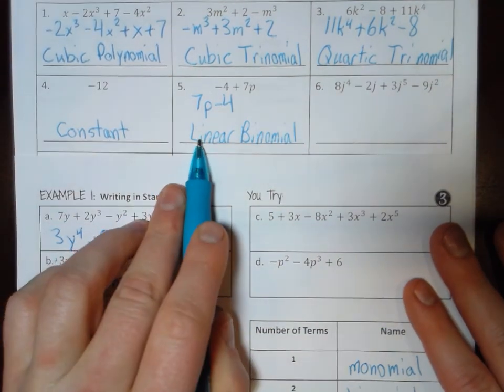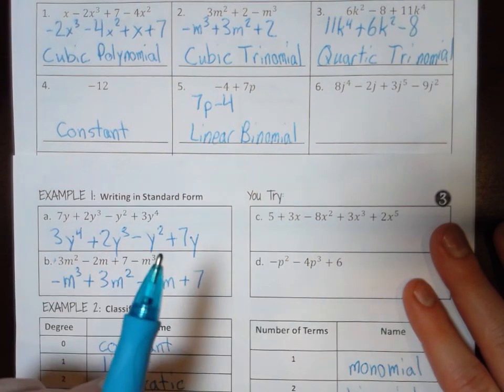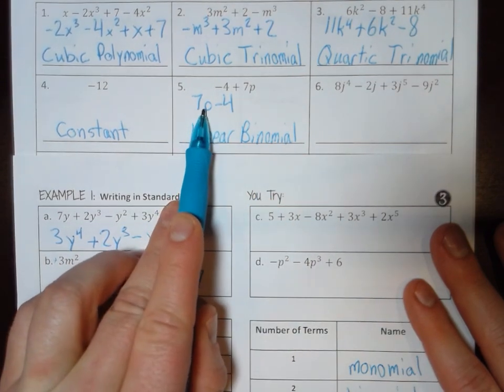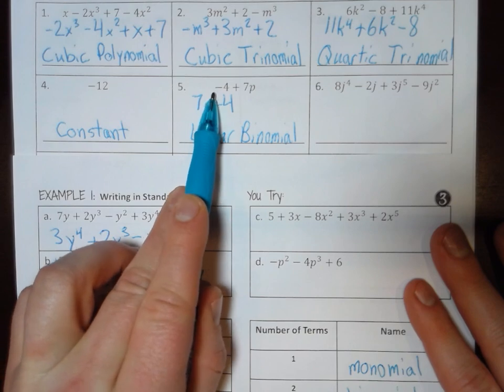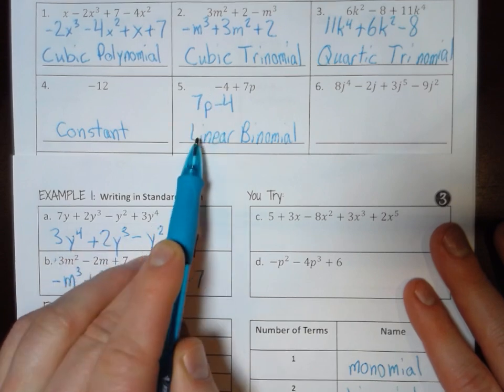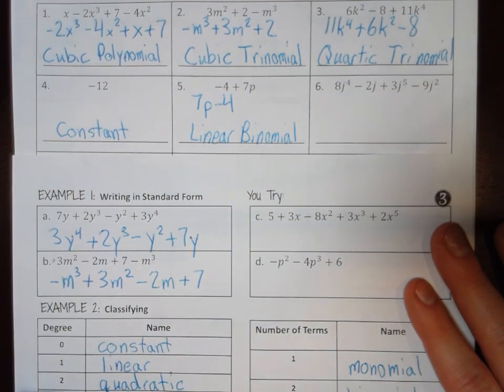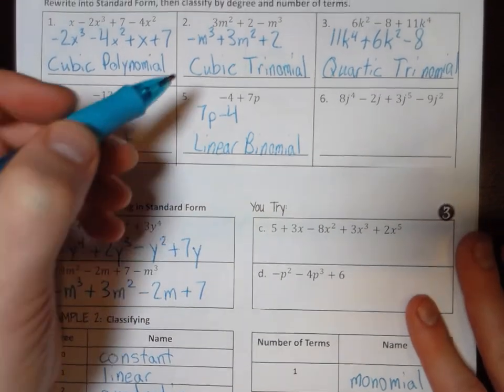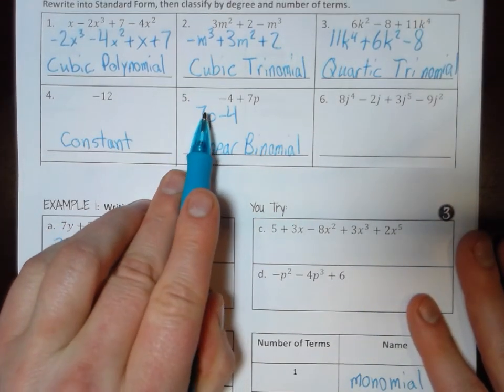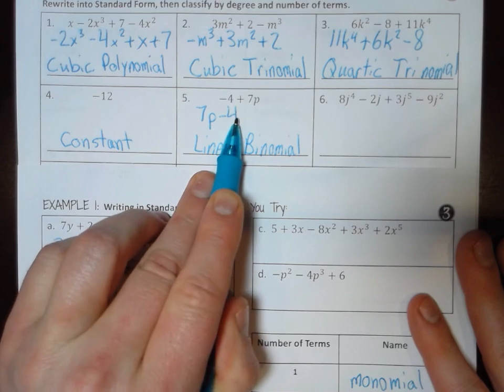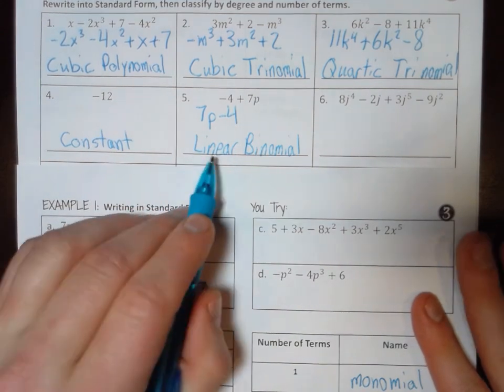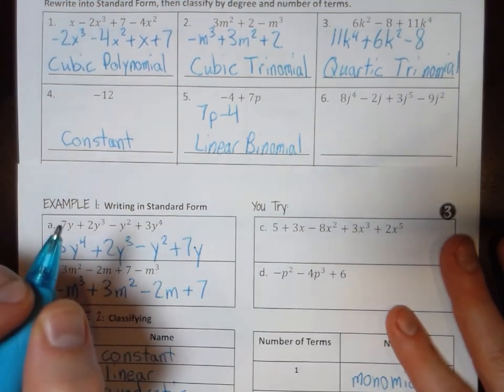And most things that are linear are binomials, right? Because we can't have thrown in a squared or a cubed here, which would have made it non-linear, right? And so if we're going to put them in order, 1st degree, 0 degree, I can't have a negative degree here. So this is a linear binomial.